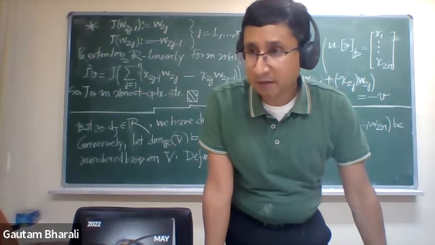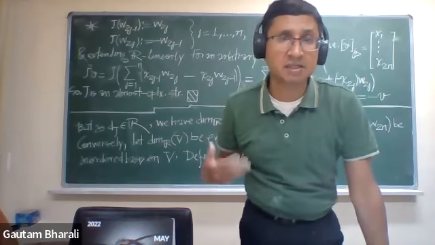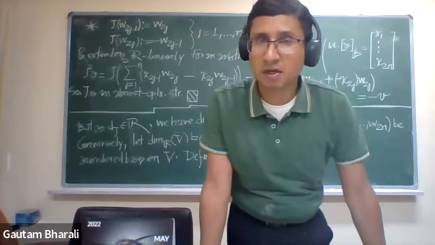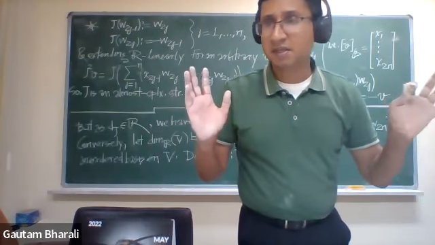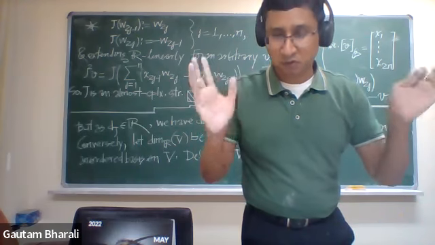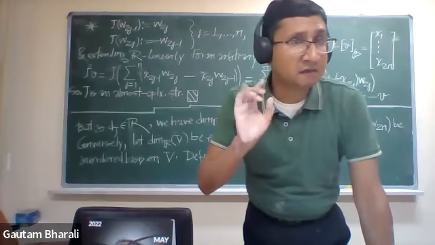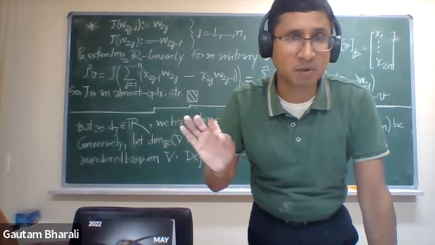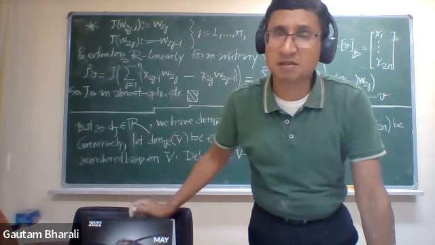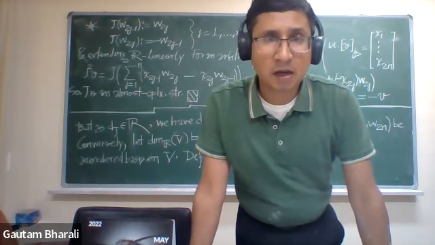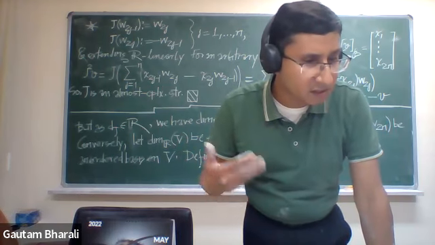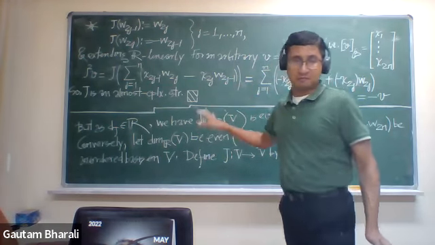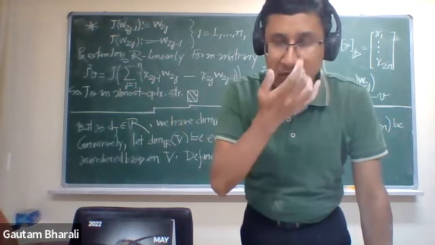No, no. In fact, any attempt to prove the statement that if n is an odd number, there is no square matrix of size n by n whose square is minus identity, would actually be a restatement of the first part of this proof, right?